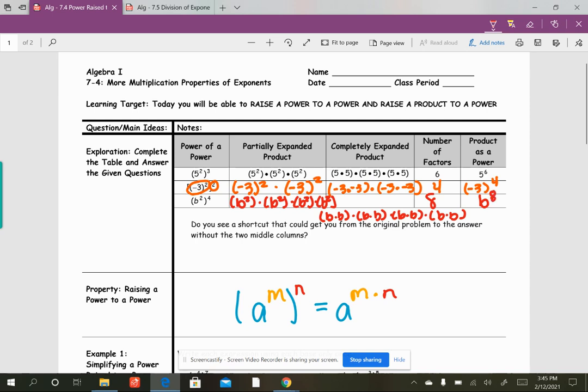So hopefully you can see the shortcut that is happening. And what we're doing is we are multiplying the original exponents.